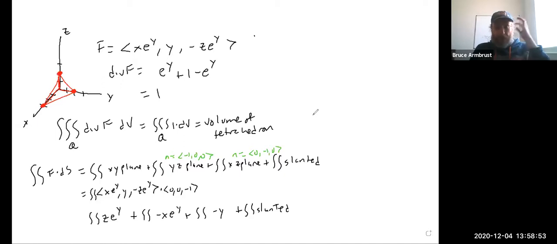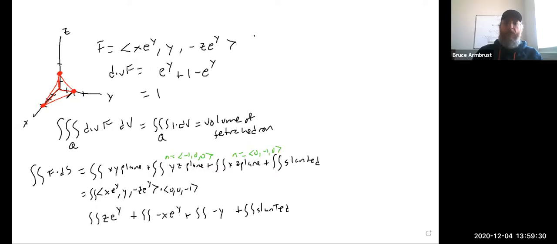All right, so far so good. Now, they told us that we don't actually have to calculate any integrals, but we still have some integrals down here. Why is it that we don't actually have to calculate these? Does anybody see it? Let's go back to the XY plane.